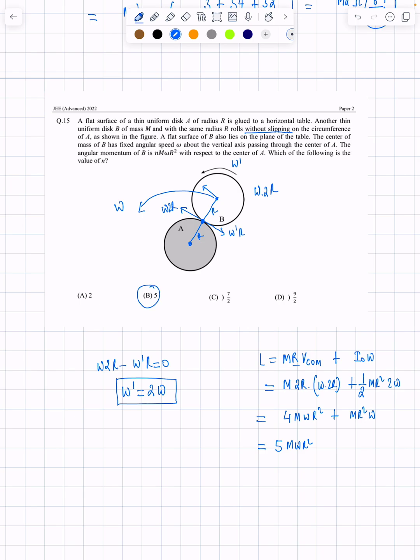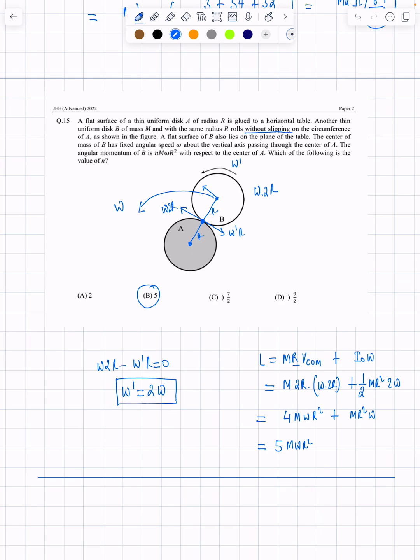Now in this question also we can make a small modification and see how to go about it. Here the disk B is rolling without slipping. What if it does not do that instead?